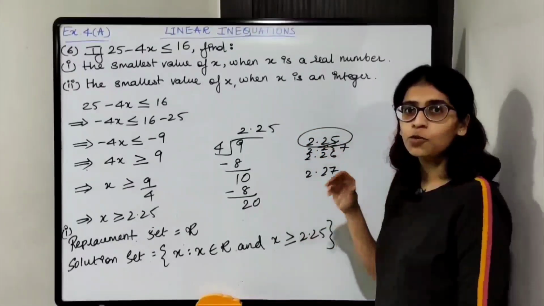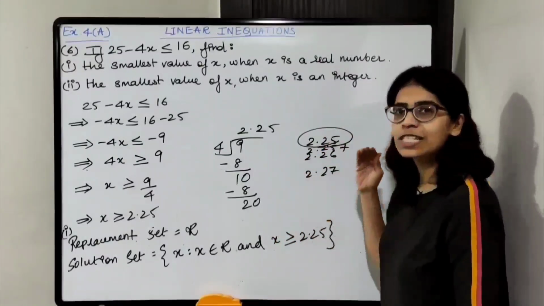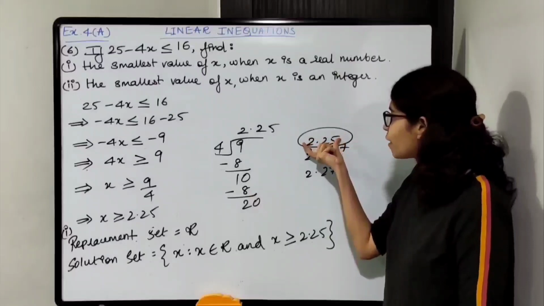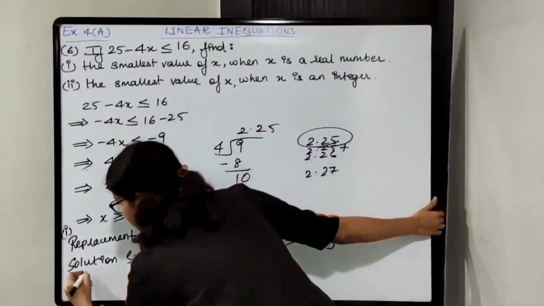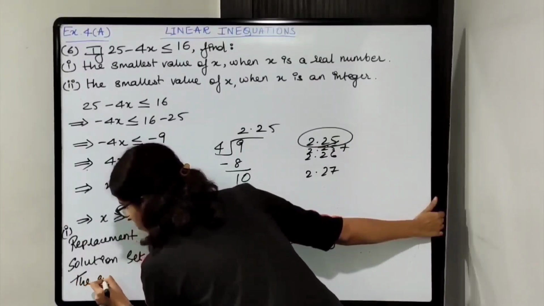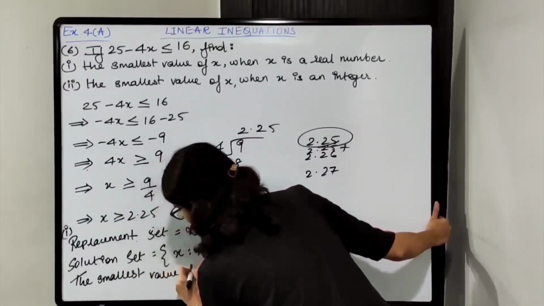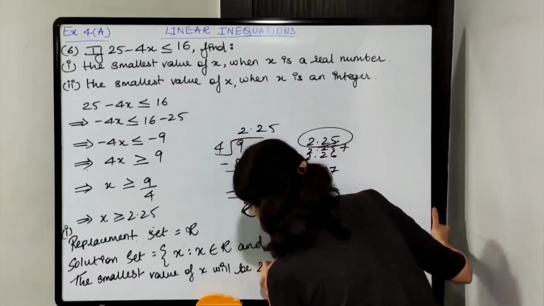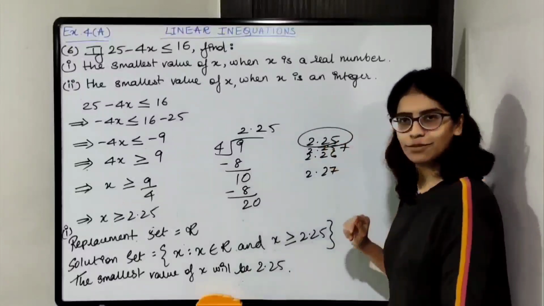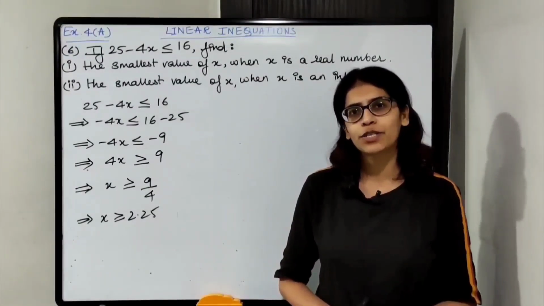Smallest value ye hai, 2.25 is the smallest value. Baaki saare values usse zyada hain. So the smallest value of x will be 2.25. So write down over here the smallest value of x will be 2.25.